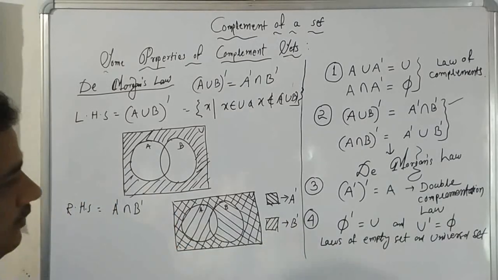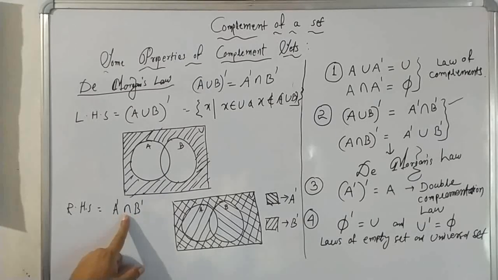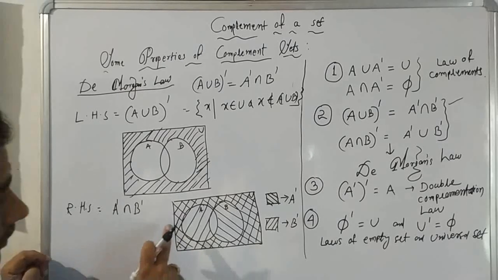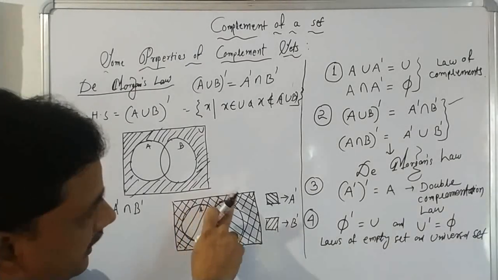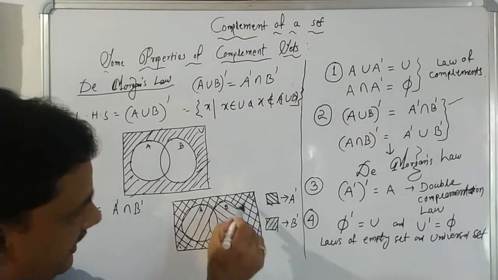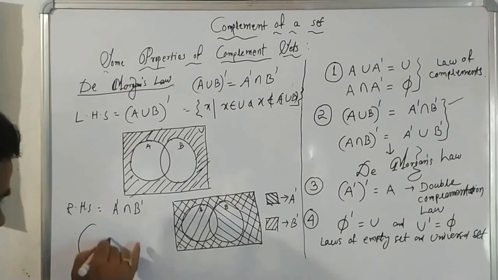Now, what are we going to show? A dash intersection B dash. Intersection means common elements. Common elements means where you can see both the shadings, that means crossed lines. It covers this part only.